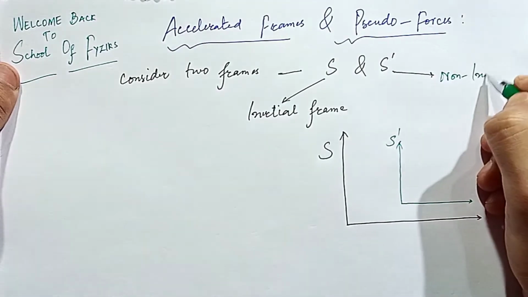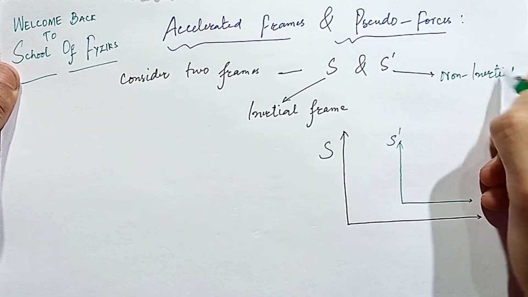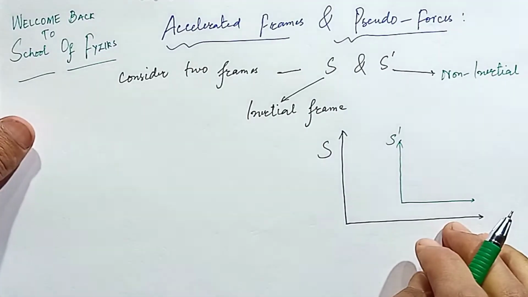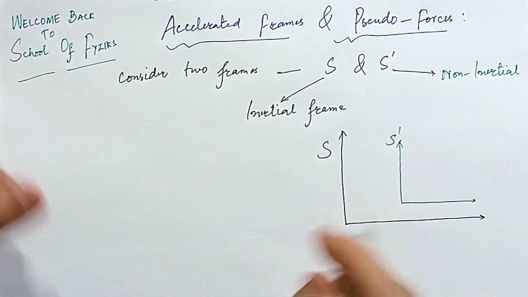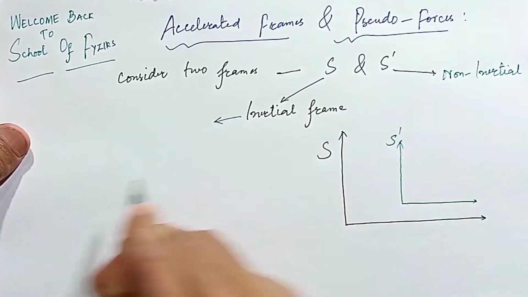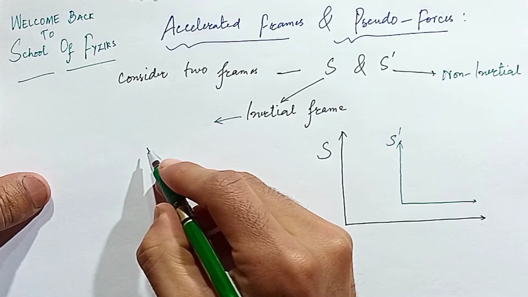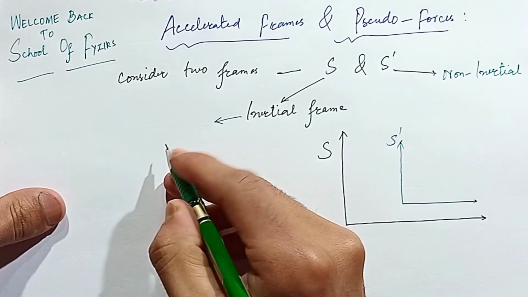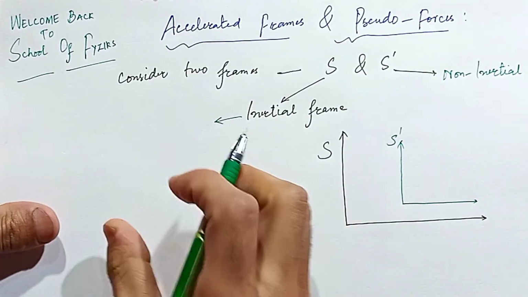What do the inertial and non-inertial frames of reference mean? An inertial frame of reference is that frame of reference in which Newton's law of inertia is followed.